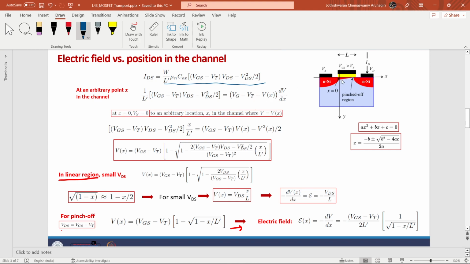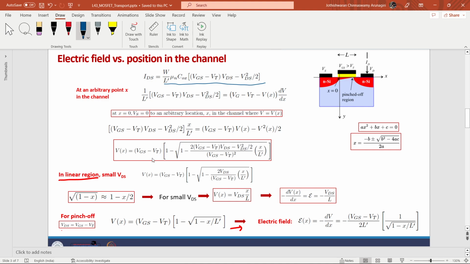Like the voltage is along the y direction, so that is Vg minus Vt minus Vx, and then we have dV by dx. So this will give us a quadratic equation in terms of Vx, and using that we can solve this for different approximations.